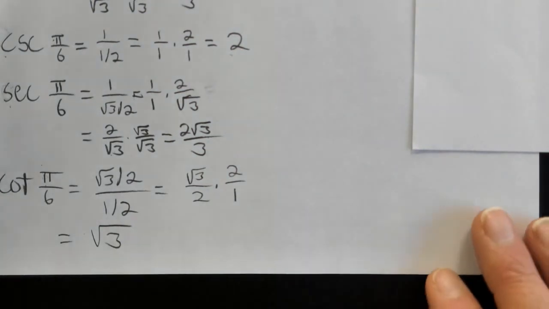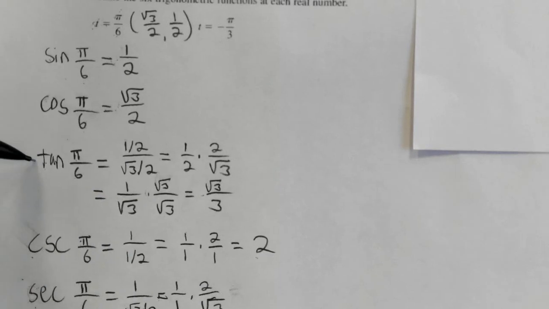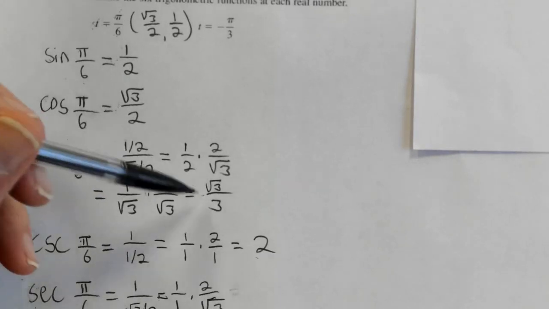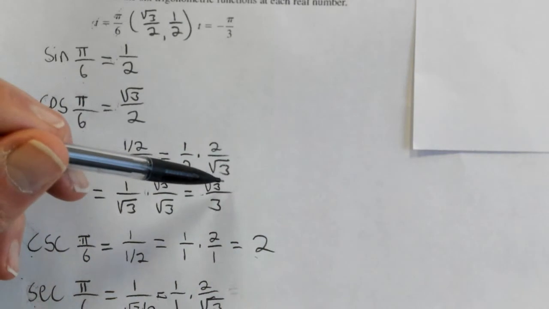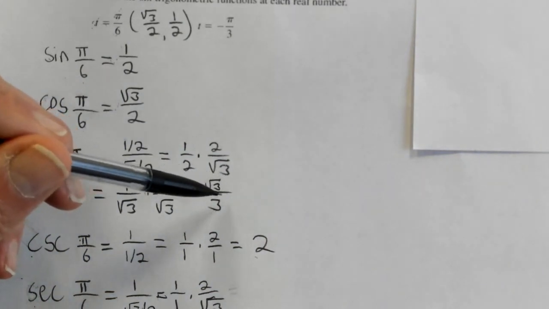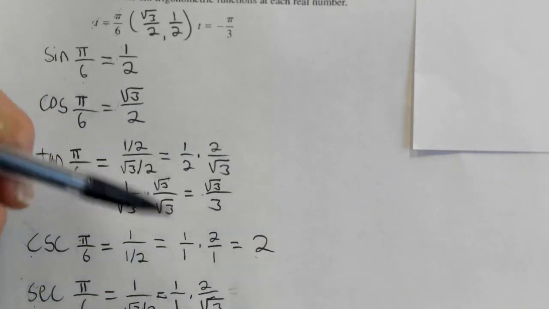And of course, likewise, if we had taken this, because remember tangent is the reciprocal of cotangent, so once I flip that, I would get 3 over the square root of 3.